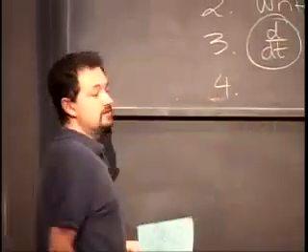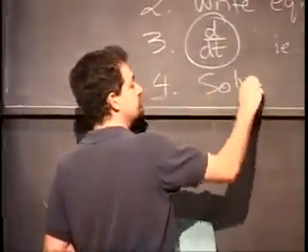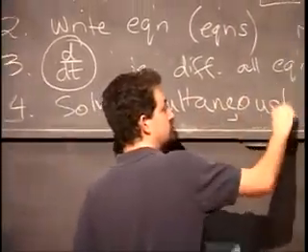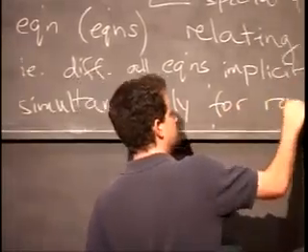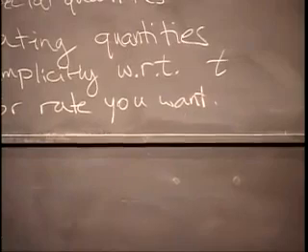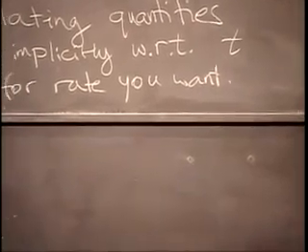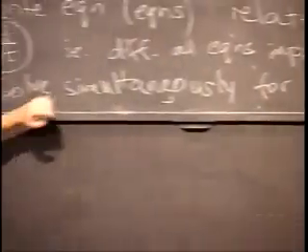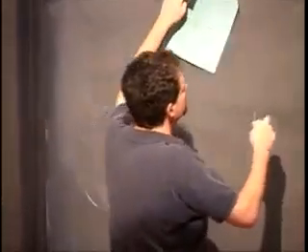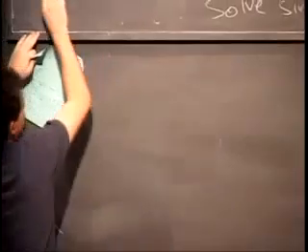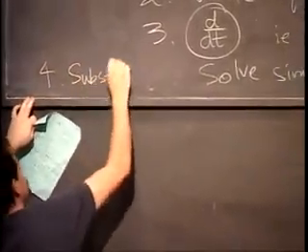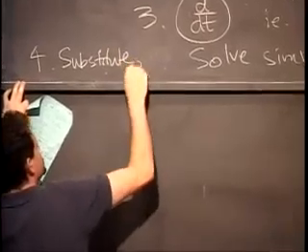Finally, solve simultaneously for the rate you want. How do you know which rate you want? In step one, we identified the one that we want the rate of, Q. So here we want to find dQ/dt. When I say solve simultaneously, I've missed a word: substitute, then solve.